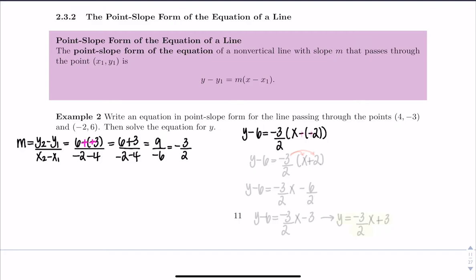So now we just want to solve for y. Well, I have a double negative with my x, and I become x plus 2. We have y minus 6 equals negative 3/2 times (x plus 2). And now we just want to distribute the negative 3/2.